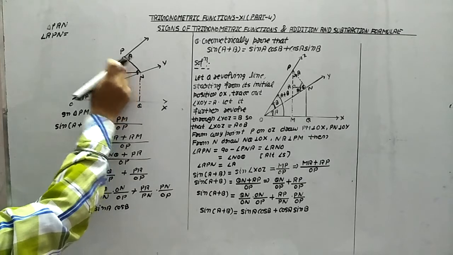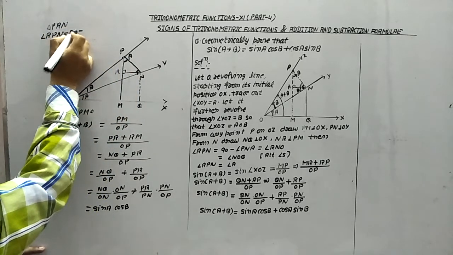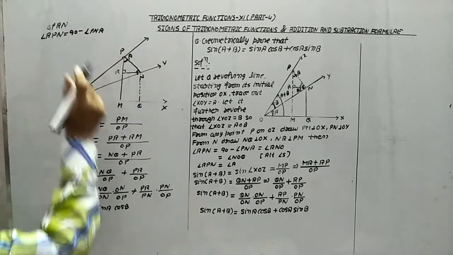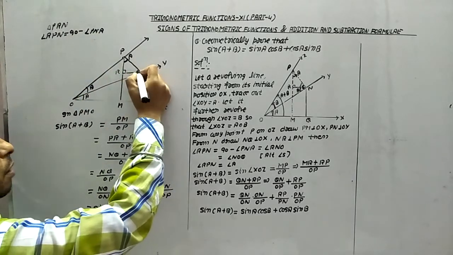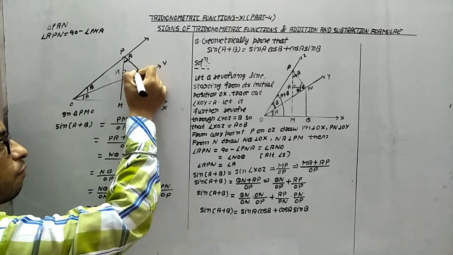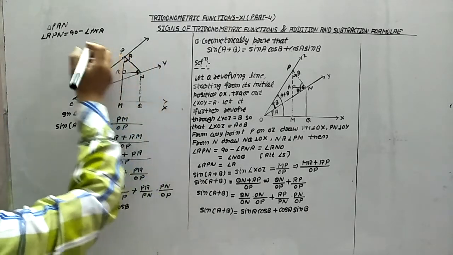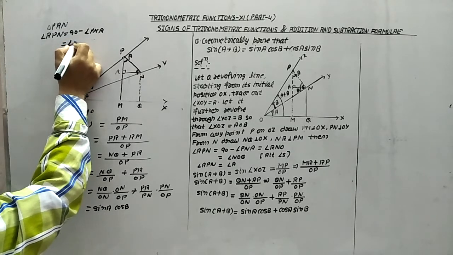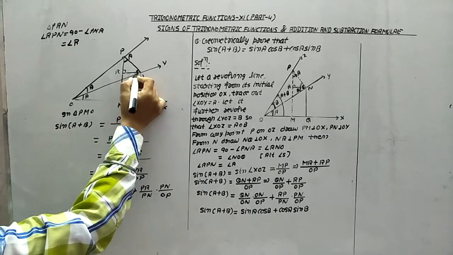It means RPN is equal to 90 minus angle PNR. Now 90 minus PNR from this angle, what will come? This is equal to angle RNO.